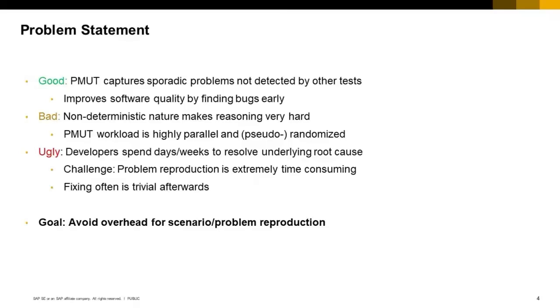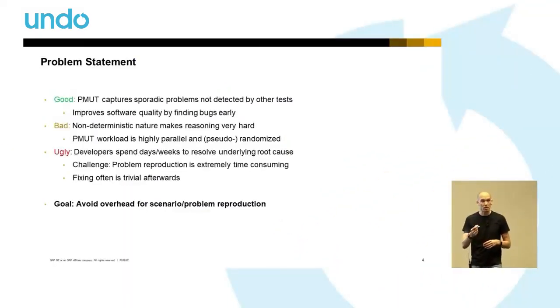The bad thing about it is, due to the non-deterministic nature of the testing, it's fairly hard to reason about it and to find what the root cause is. So usually it takes developers hours and days and weeks to find the root cause and get to the point. While fixing the issue later on is usually a trivial thing, right? Once you know what the root cause is.